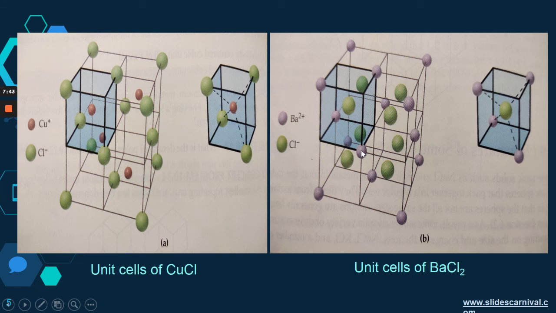Here you can see barium chloride, in contrast to the unit cell for copper(I) chloride.